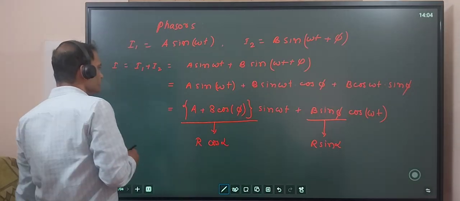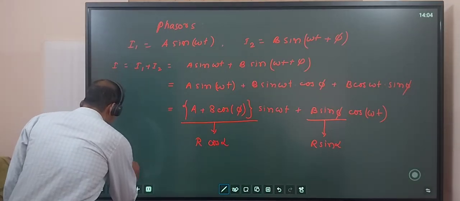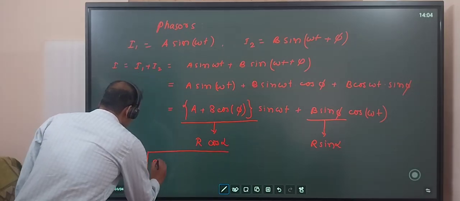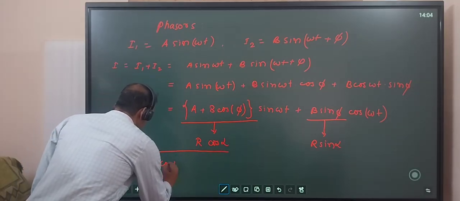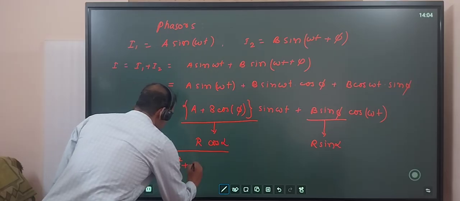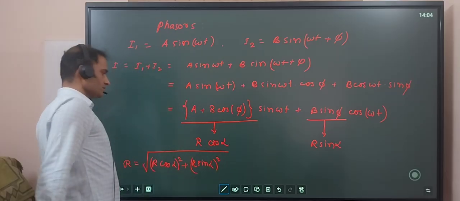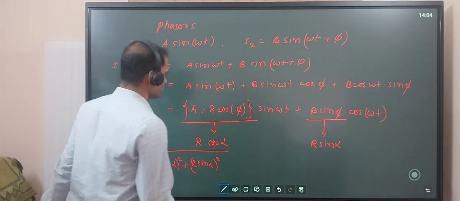So what will r be? r squared will be (r cos alpha) squared plus (r sin alpha) squared, right?